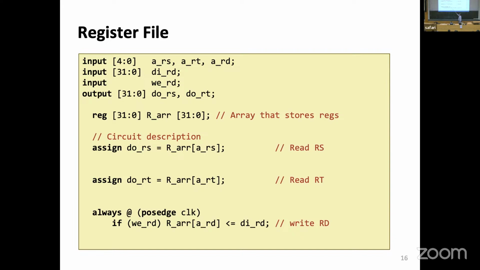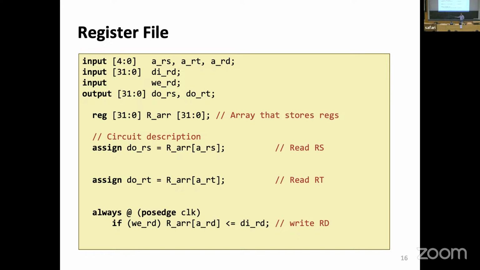The only thing is for writing, this is when I have a clocked event. If write enable is here, well, there is the address. If there is write enable, whatever is at the input here will get written to that location. The way it goes is I read, I generate something else, and the next value is waiting here.